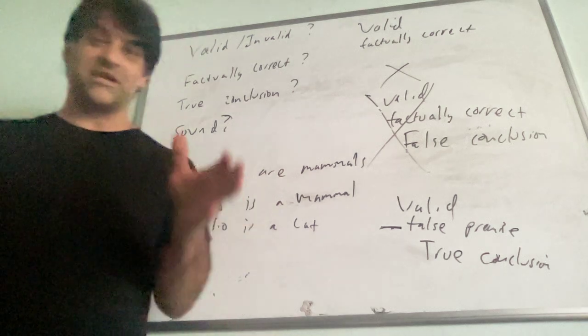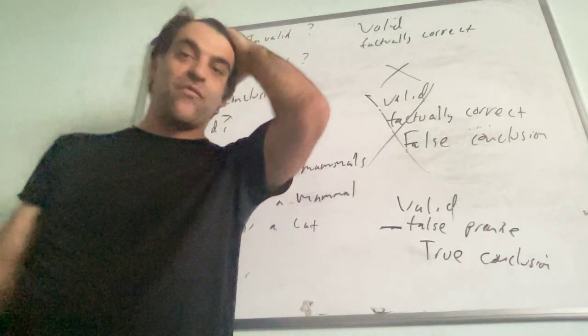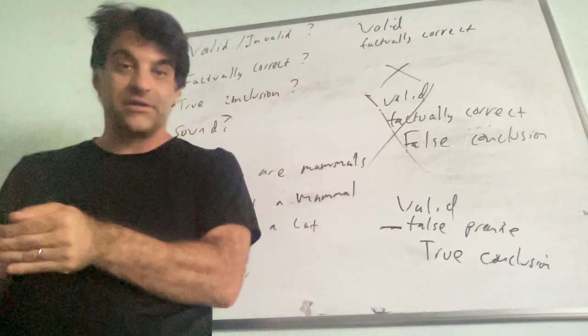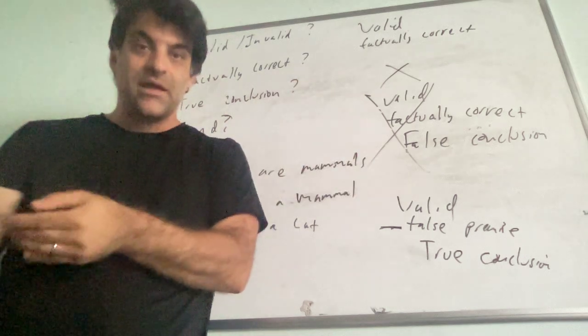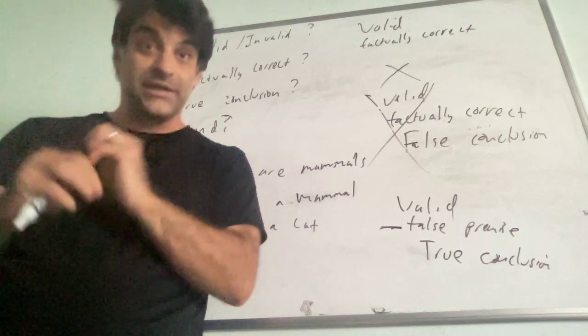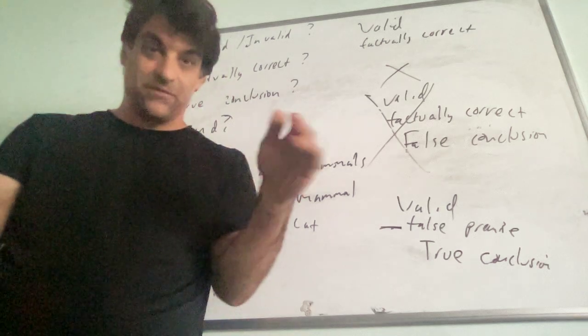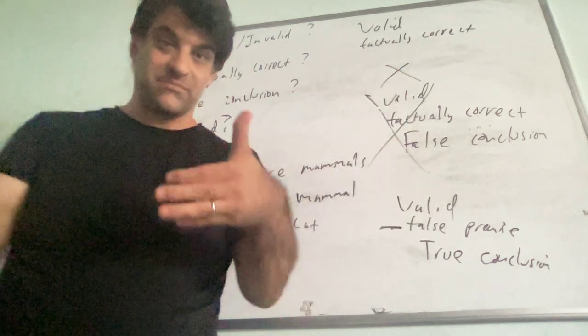The last thing to note here, these are independent questions because it's the form of the argument, the pattern, that determines validity. It's not the statements themselves. It's not whether you have true statements or false statements.